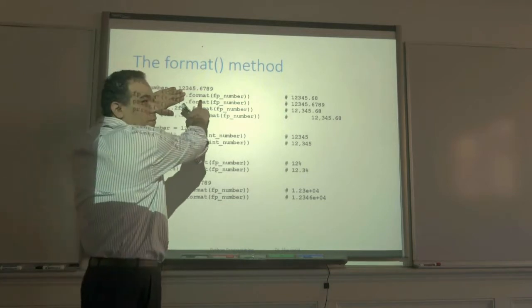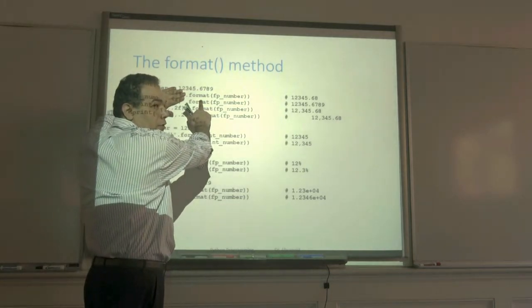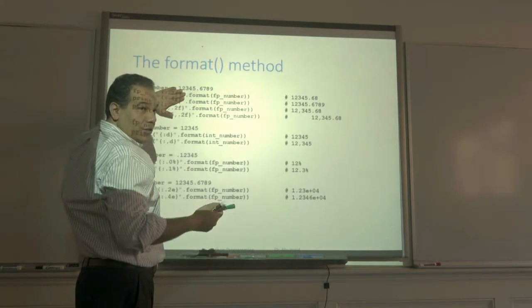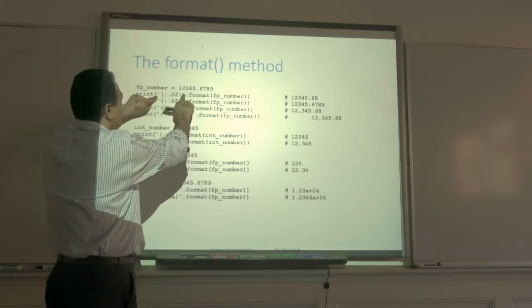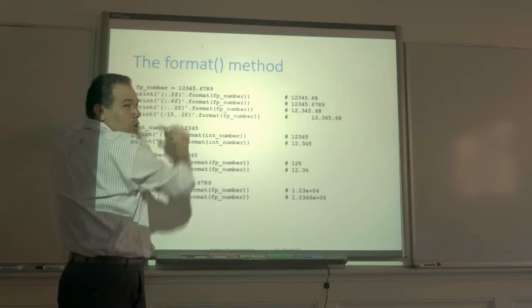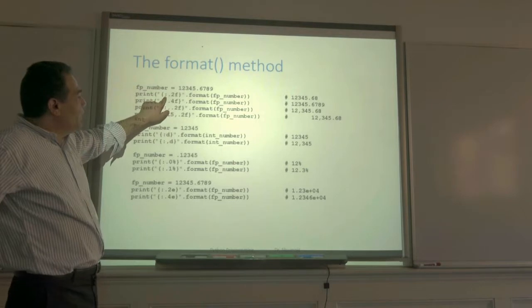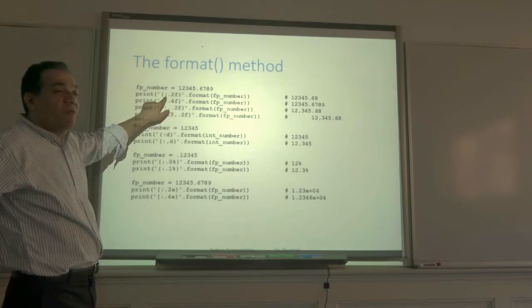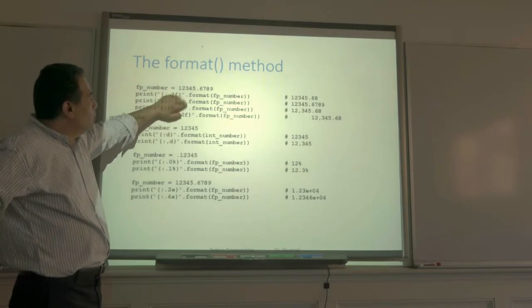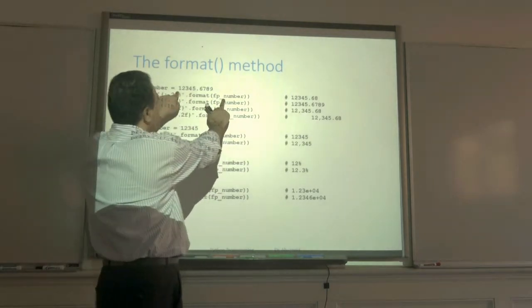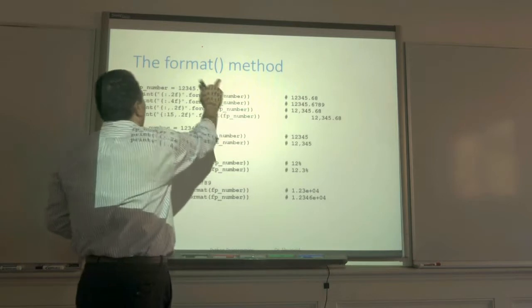Format is a method, okay? So what am I formatting? Text, right? So the text has to be inside quotes, right? And then after that, I specify inside it the format I want, right? So the floating point number, which is this number, will be substituted where? Here.